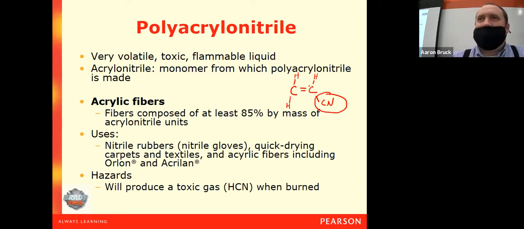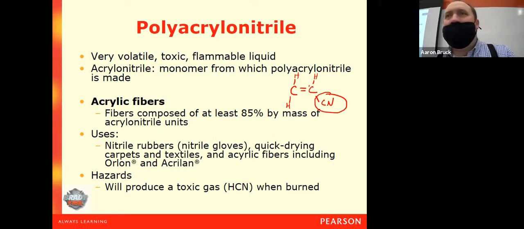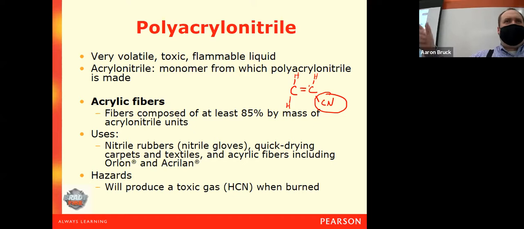This is not cyanide when it is bonded to this molecule. However, when this molecule burns and starts to disintegrate, that CN group suddenly becomes available. If it attaches to a hydrogen, then we have hydrogen cyanide gas, which, yes, we did talk about in our toxins unit. And yes, it is really dangerous.